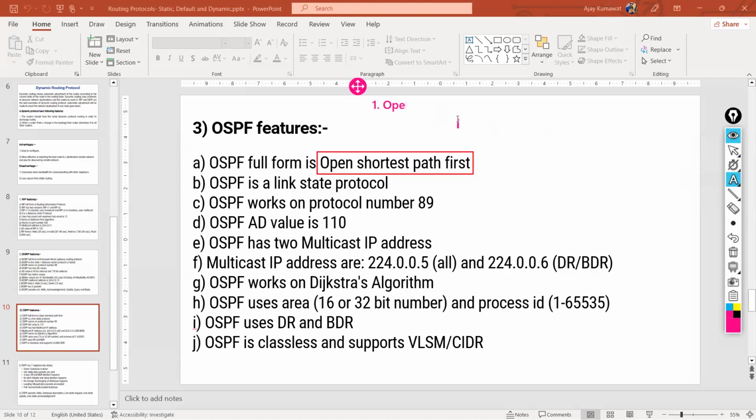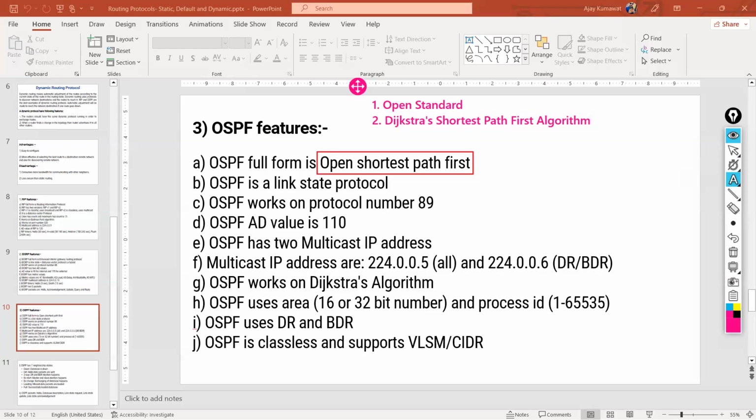First, it is open standard, and second, it is using the shortest path first algorithm. These are the two reasons.